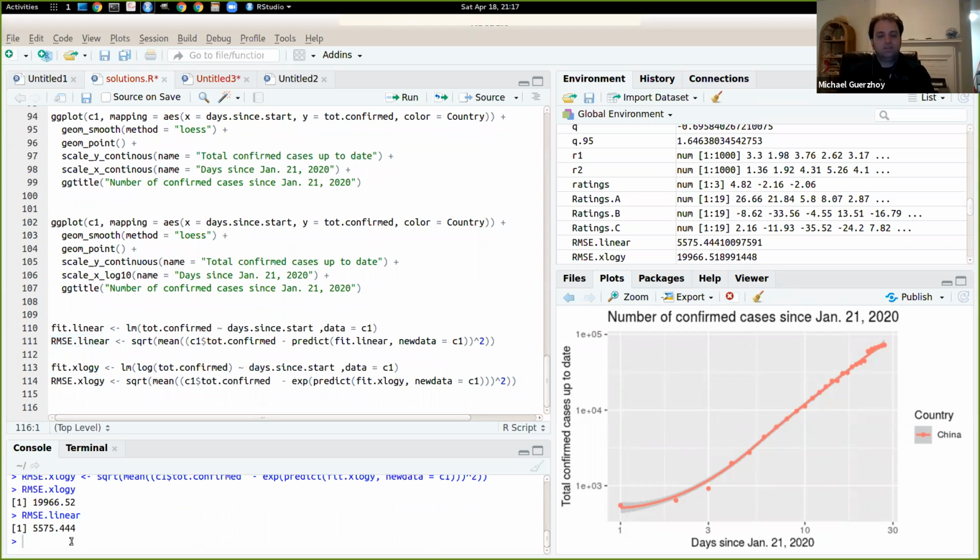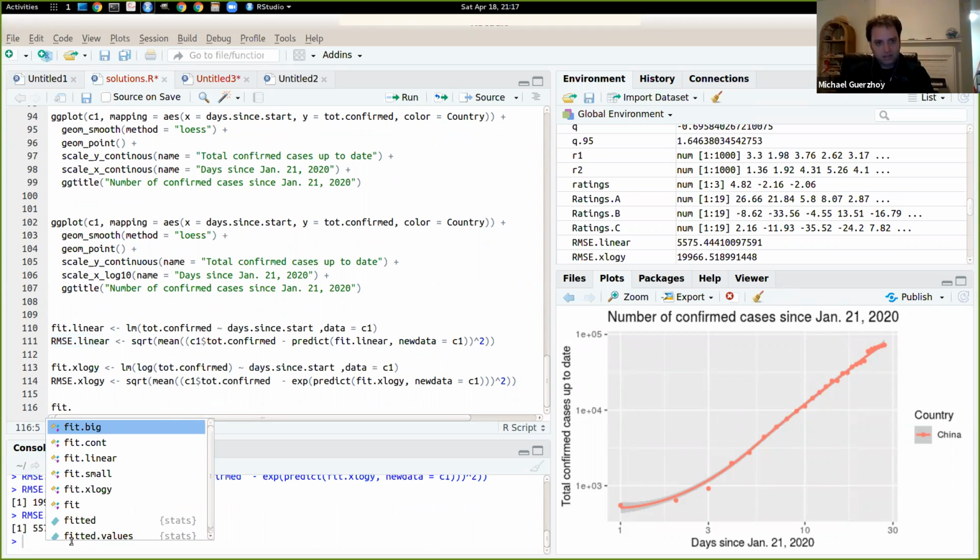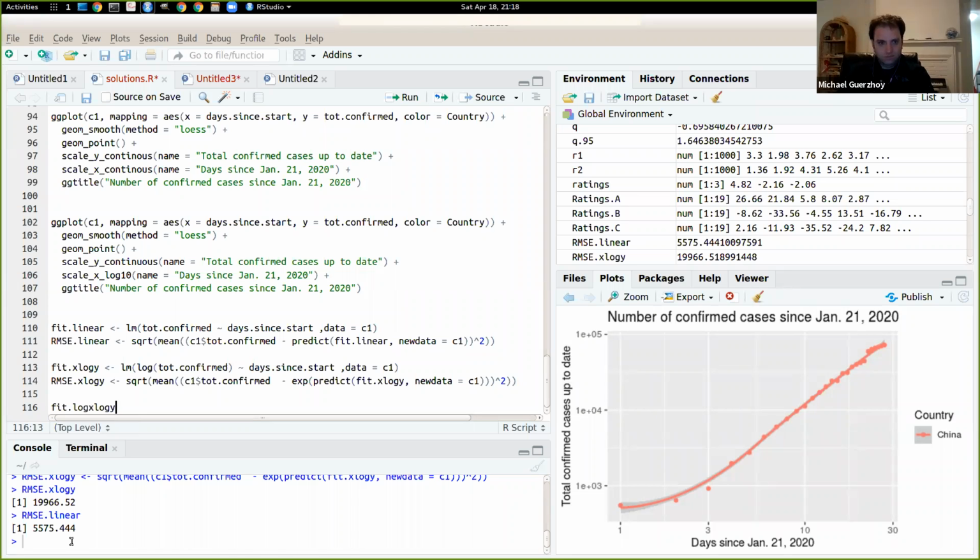So, okay, next we'll try to do fit log x log y. Do LM, log of total confirmed, log of days and start, and data is C1.